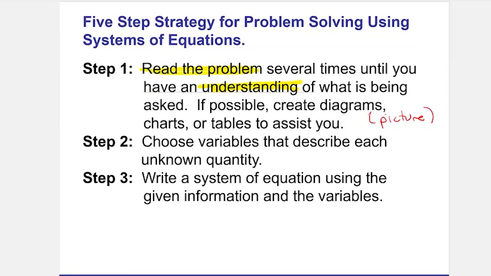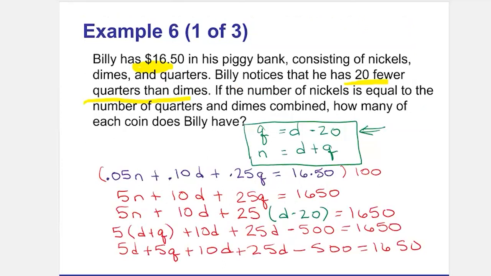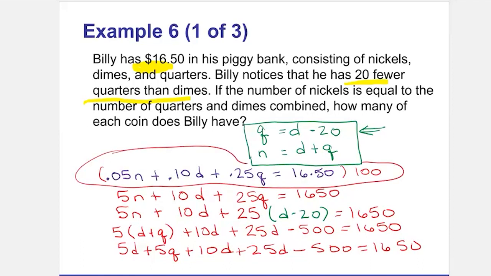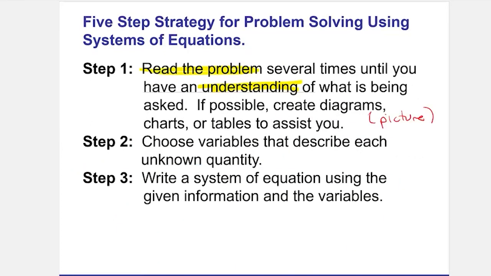Then write a system of equations using the given information, which we did. Actually, we have 3 of them, because we have 3 unknowns.